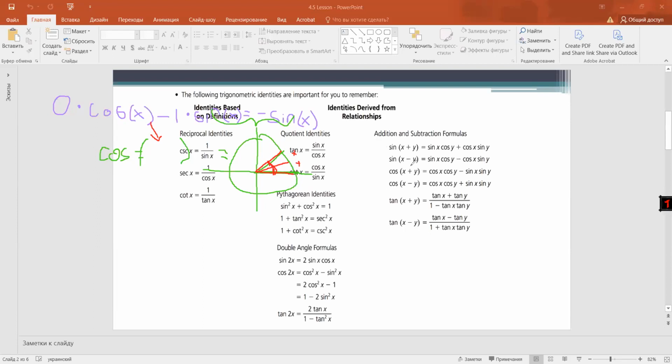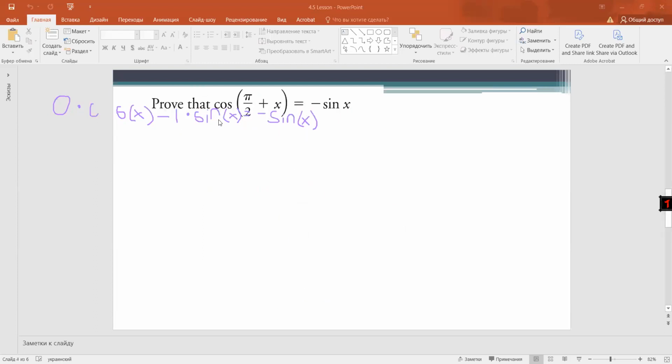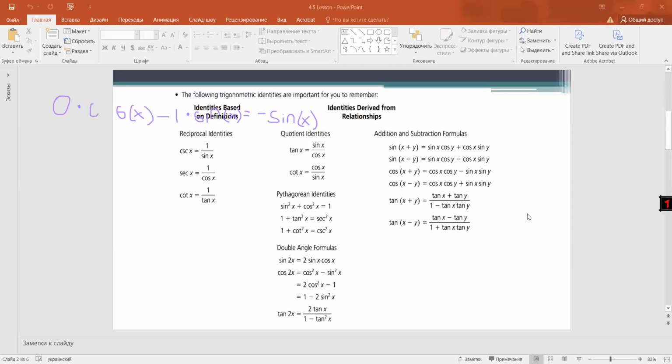In order to convert what you have inside the brackets as a sum, you have to use the addition and subtraction formulas for sine and cosine. How these formulas are proven is another question.